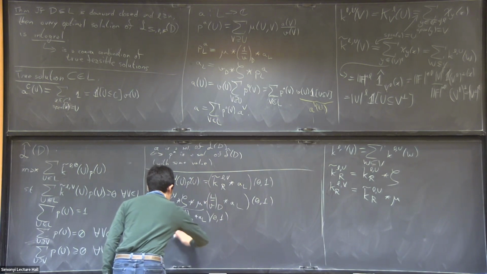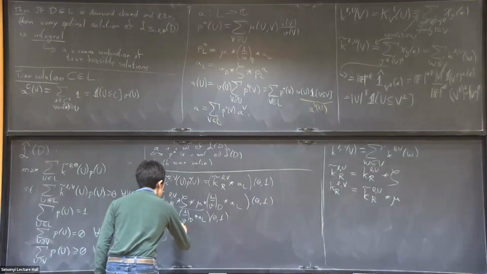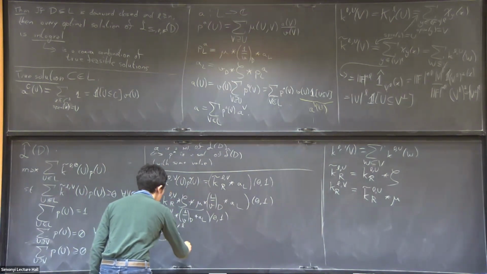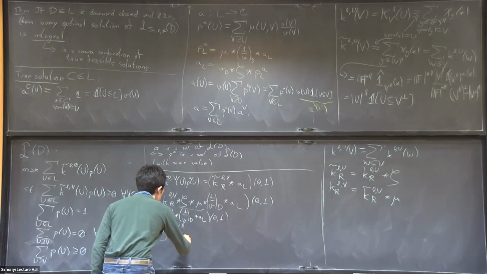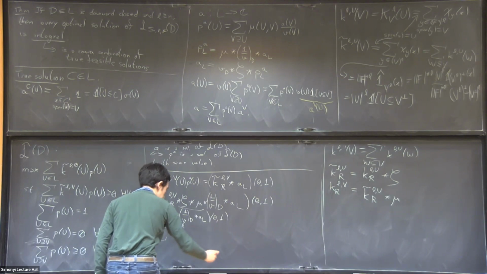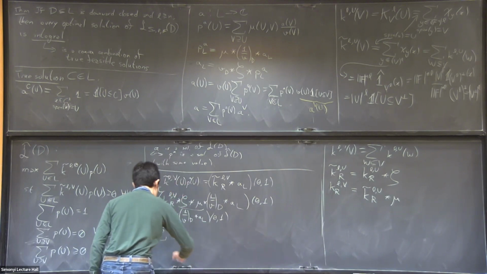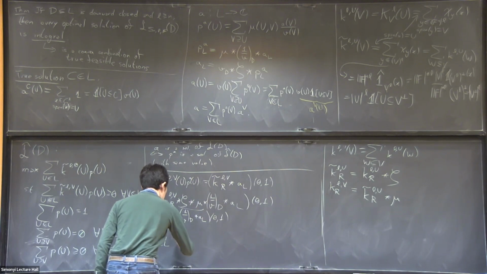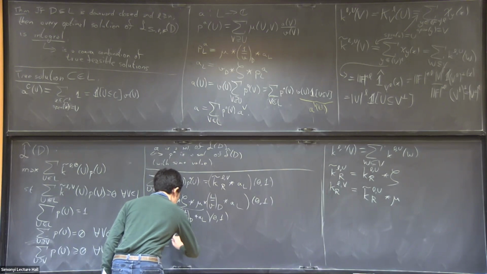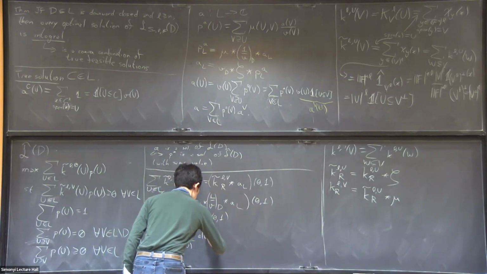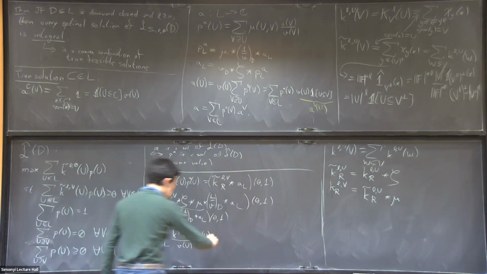K. Let me also use the actual project. So the actual project actually flips the thing. So, okay, maybe I'll do it more slowly. So you get this.